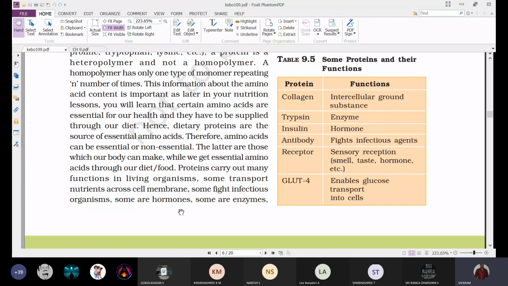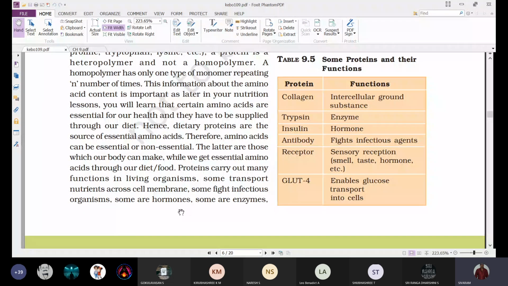And some fight infections. Some proteins fight against infectious organisms, like antibodies. Antibodies are also made up of proteins only.